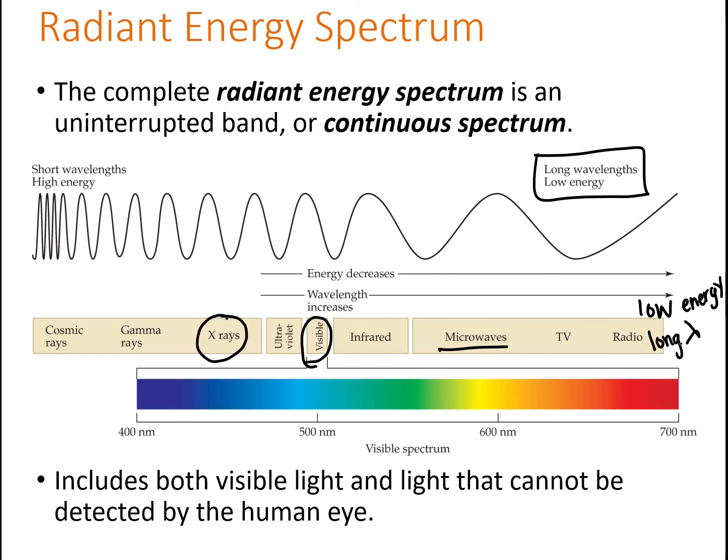As you move from right to left on this figure, you are going to increase your energy and increase your frequency and decrease your wavelength. So cosmic rays, we're talking about like, out in space. High energy, very short wavelengths.